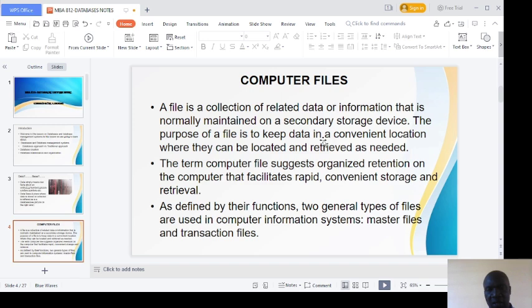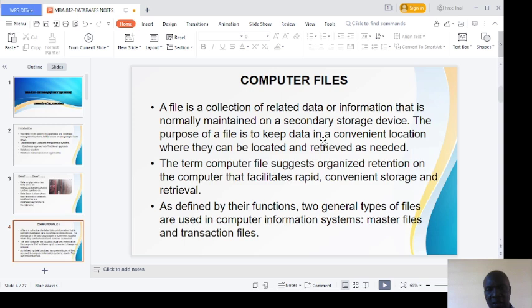Now, what's the reason for having this secondary storage file, this computer file? Mainly, the purpose is to have a convenient location where data can be located and retrieved whenever needed. Therefore, computer files are a retention of data that facilitate rapid and convenient storage and retrieval of data and information.